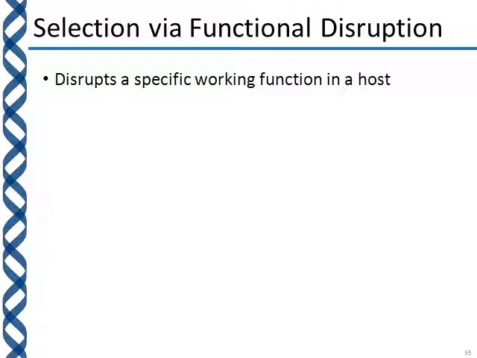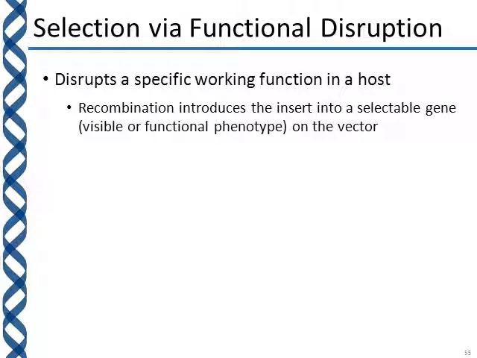The other side of the coin is selection via functional disruption. In this case, you disrupt a functional working gene in the host. Recombination introduces the insert into a selectable gene, visible or functional phenotype on the vector. Here we show the normal vector, which contains your gene product, which is a target gene for insertional inactivation.